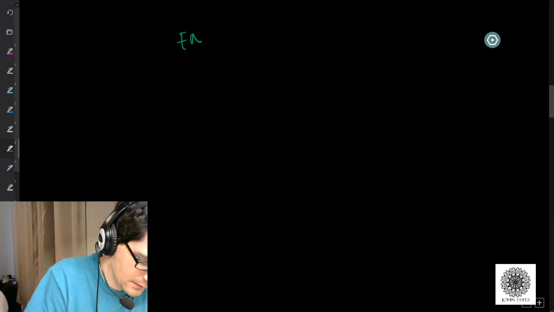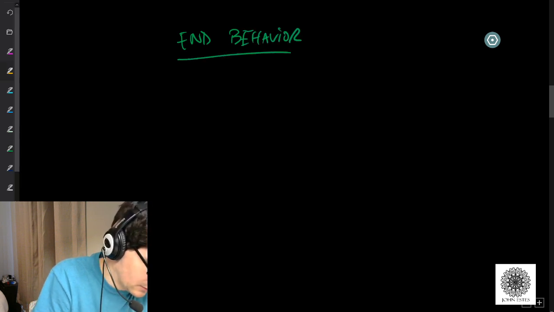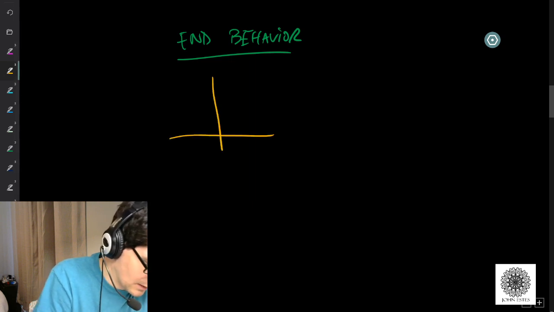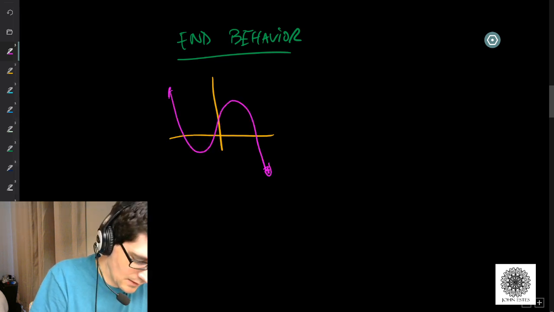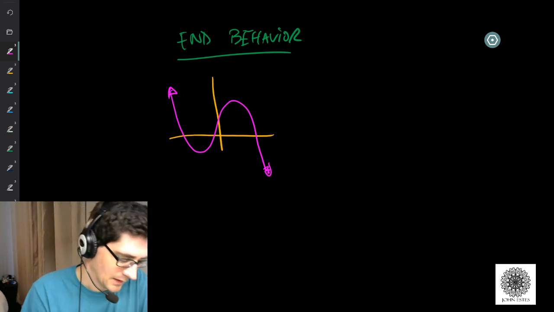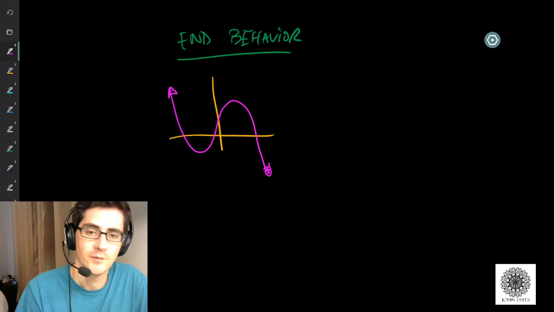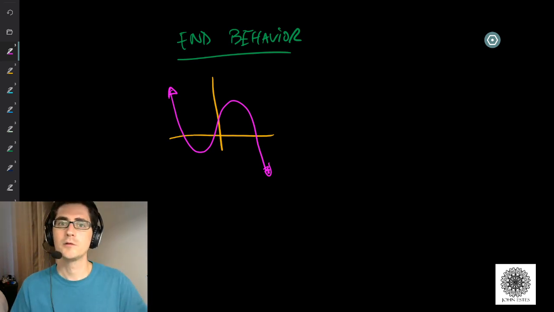Okay, so we're now looking at end behavior. And let me get a graph here. I'm just going to make up a graph, something like this. And a polynomial function will graph something like that. Now the end behavior is talking about what's going on as x gets incredibly large, either in the positive or the negative direction.